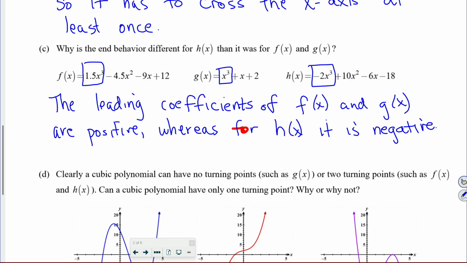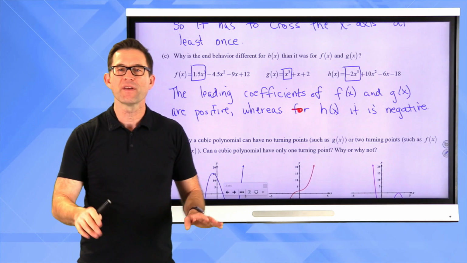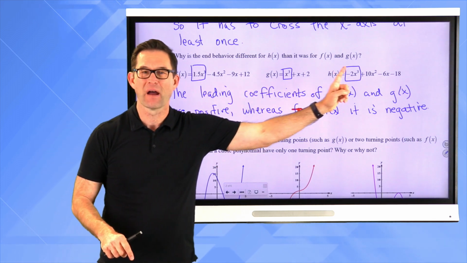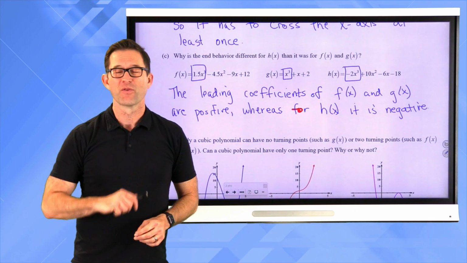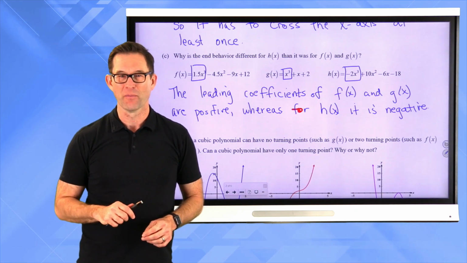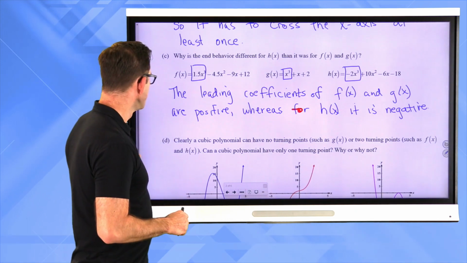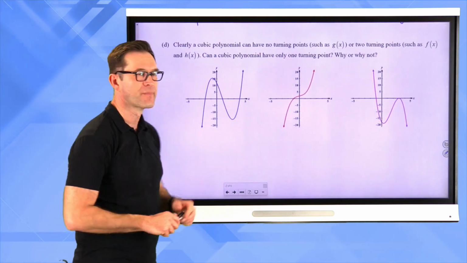All right? And for long-run behavior, the only thing that matters is that highest powered term. And we looked at that in the last lesson. I'm hoping you were with me for the lesson on power functions and polynomials. Let's take a look at letter D.